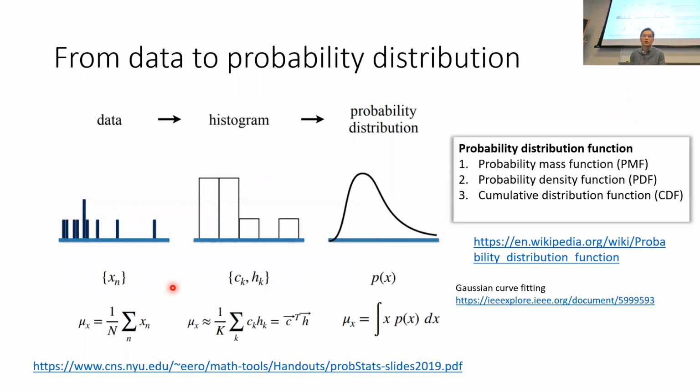Okay, so this diagram explains how this probability distribution or generative model parameter is constructed. You start from collecting data with these discrete numbers, and then you make a histogram. Okay, I found 70% here, 30% in this bin, and then once you have enough data points, you can make this continuous curve.